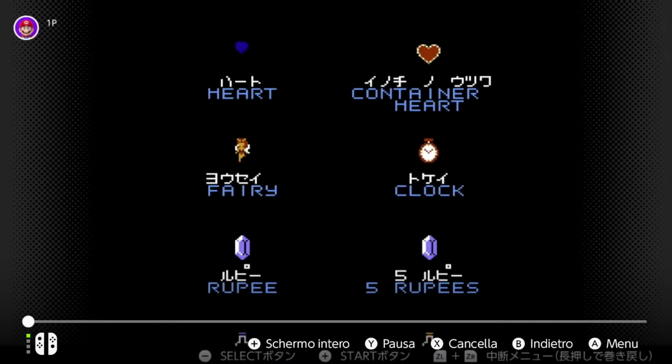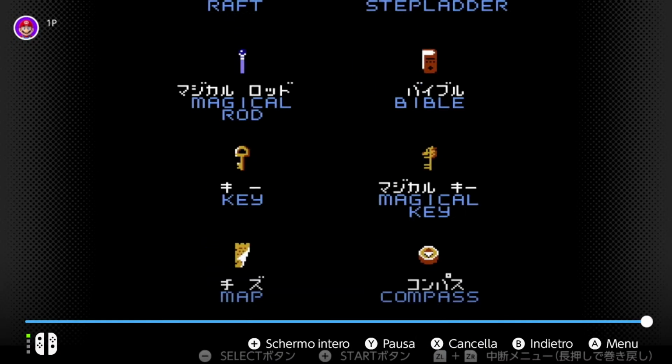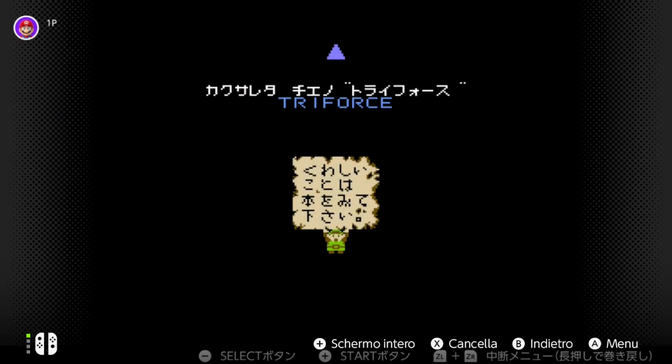But before continuing, let's see. Not this, but the Triforce in Japanese, it says kakusareta, which means it's from kakusu, to hide.